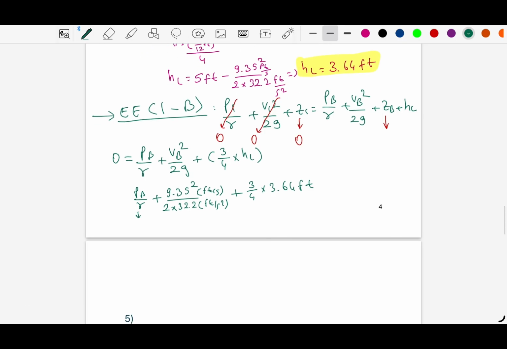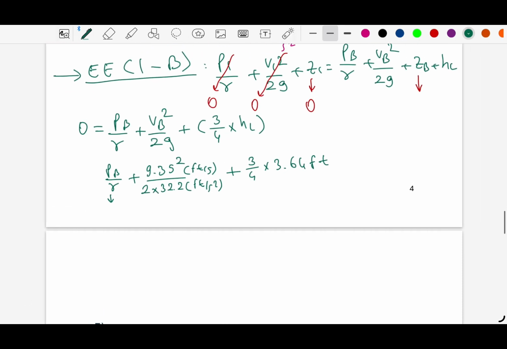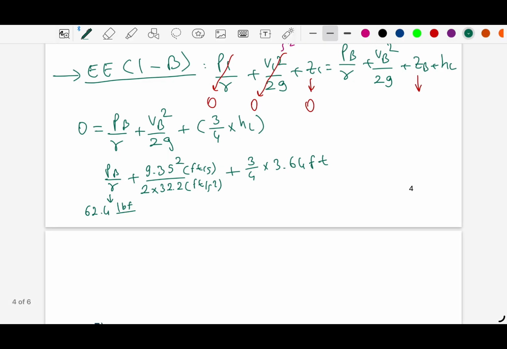And one thing also, we have specific weight, which is 62.4 pound per cubic feet. So this means we know all of the values except PB, which is the actual solution.